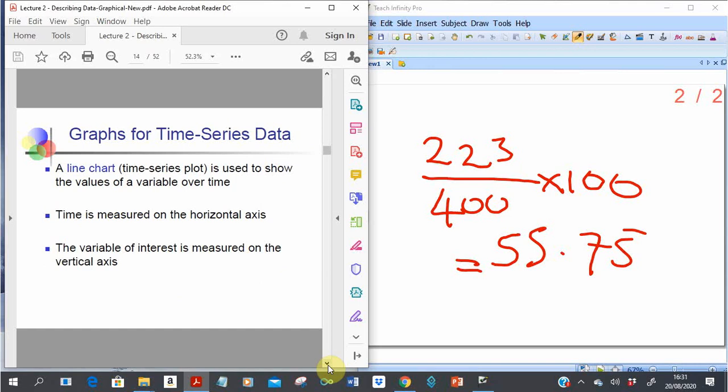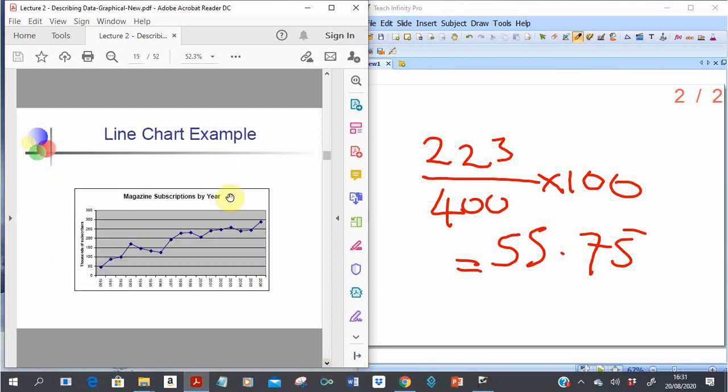Okay, so now we move to graphs for time series data. Now, time series data is just data that has been collected over a long period of time. Actually we have seen time series data before. A typical example is the under 5 cards for our little brothers and sisters.